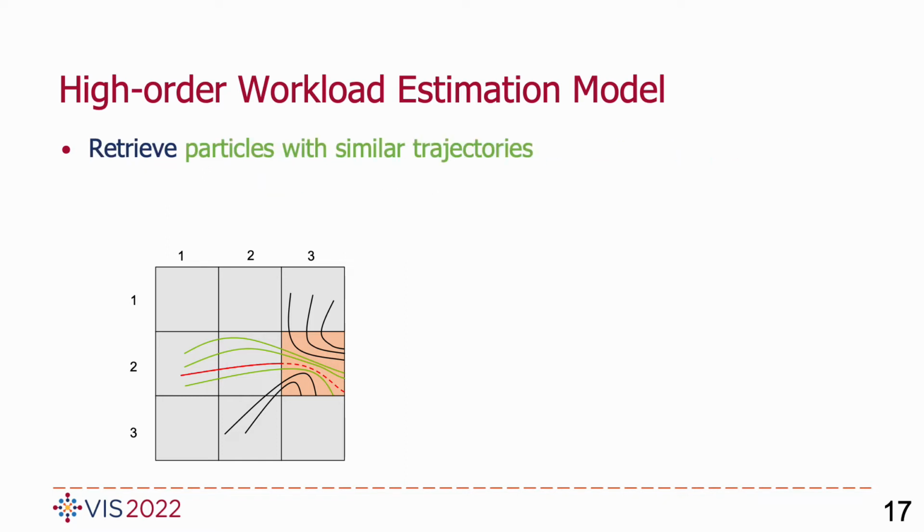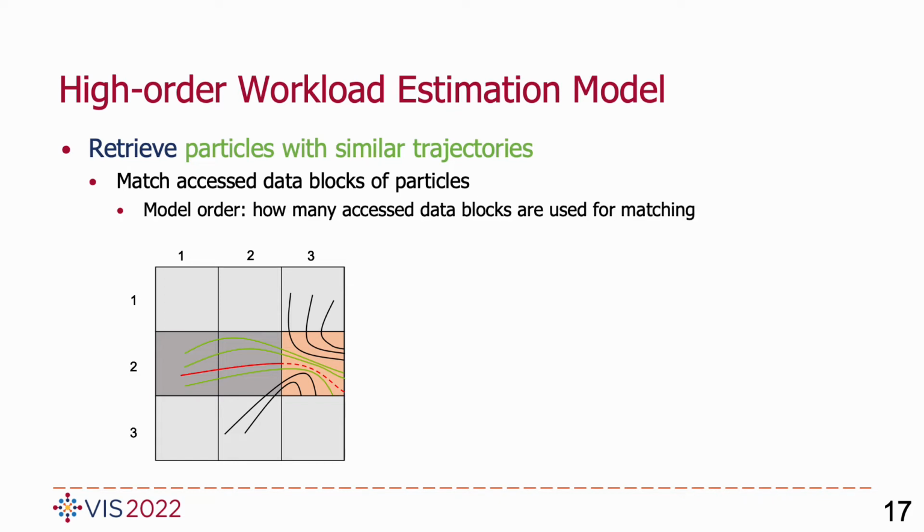To retrieve particles with similar trajectories efficiently, rather than storing and comparing full trajectories, we record and match particles' accessed data blocks with much lower overhead. The particles with the same accessed data blocks colored in dark gray are retrieved for the estimation.